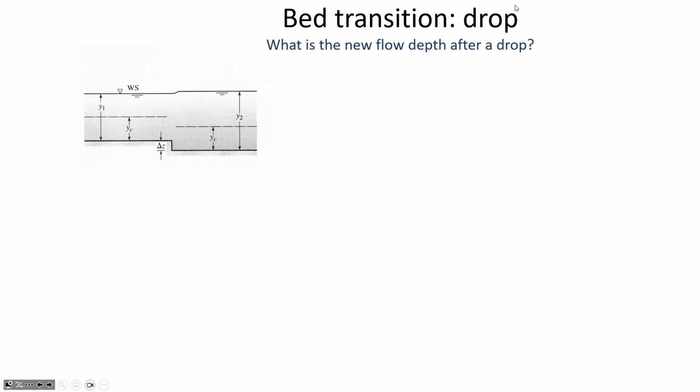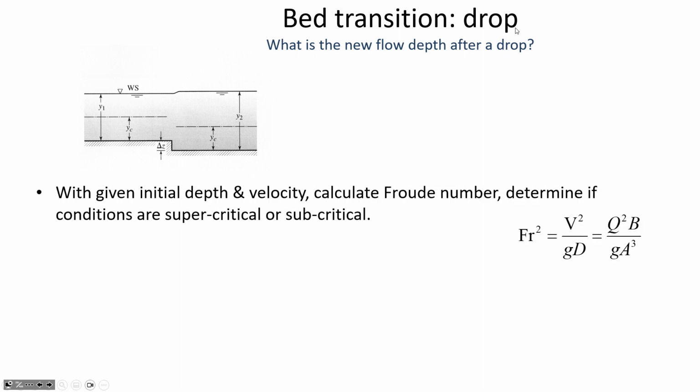Okay, so this is a bed drop. And the classical thing we want to know after some sort of an obstruction or change like this is what's the new flow depth? And so what we'll be given in a problem like this is what was the initial depth upstream, and we'll calculate the Froude number upstream, or you can compare the given flow depth to the critical depth.